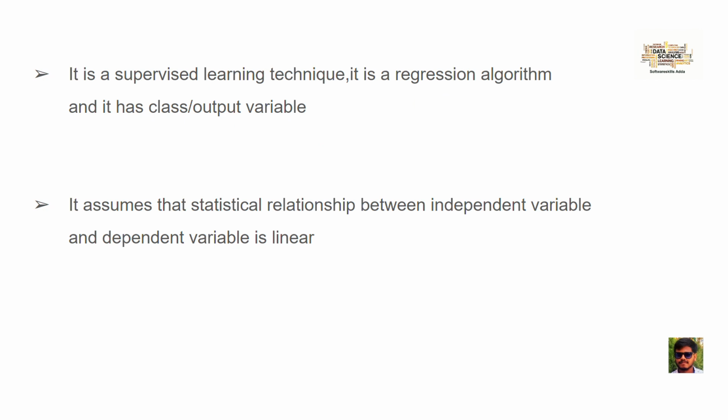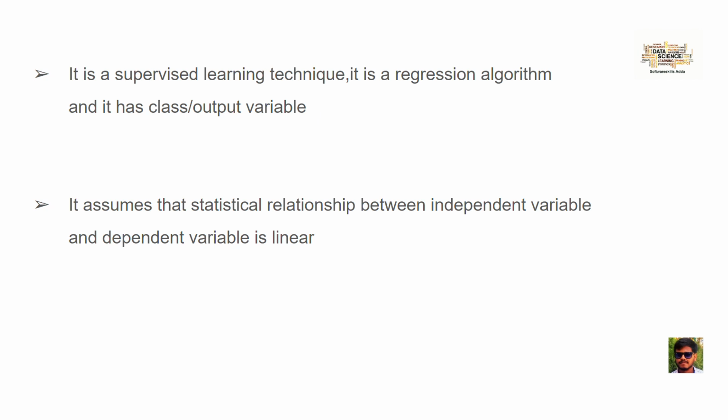For unsupervised learning, we have only input columns, that is, input features only. In supervised learning, we have both input features and output features. The output column we call the class, output variable, or dependent variable. The input features we call independent variables.